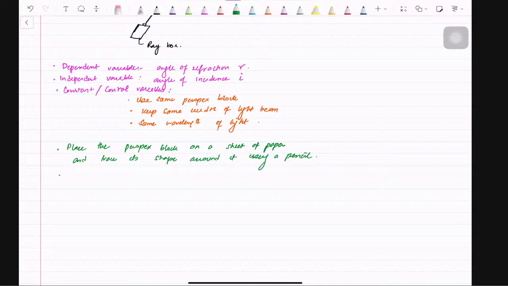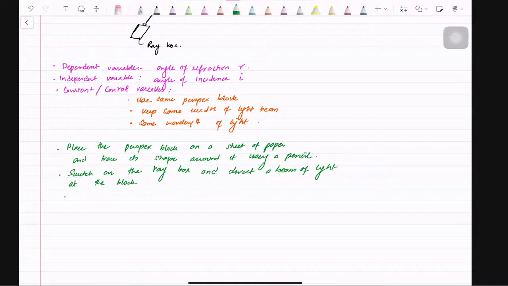Then switch on the ray box and direct a beam of light at the block, right? Like this.